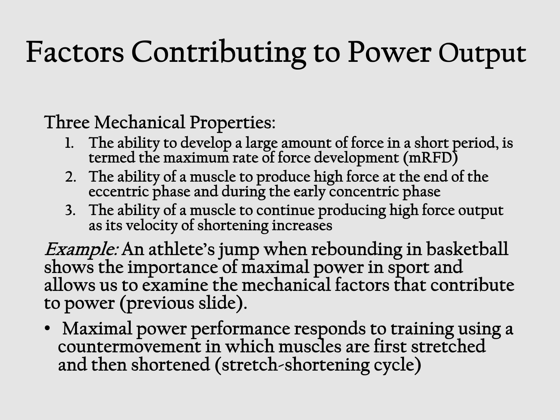So maximal power performance responds to training using a countermovement in which muscles are stretched first, then shortened. This is simply stating eccentric, immediately followed by concentric, which is known as the stretch shortening cycle. On the next slide, we'll discuss this a little bit more as well.